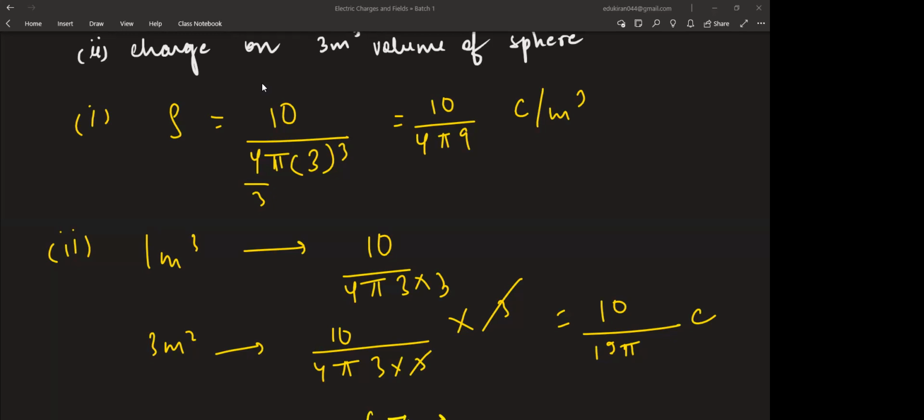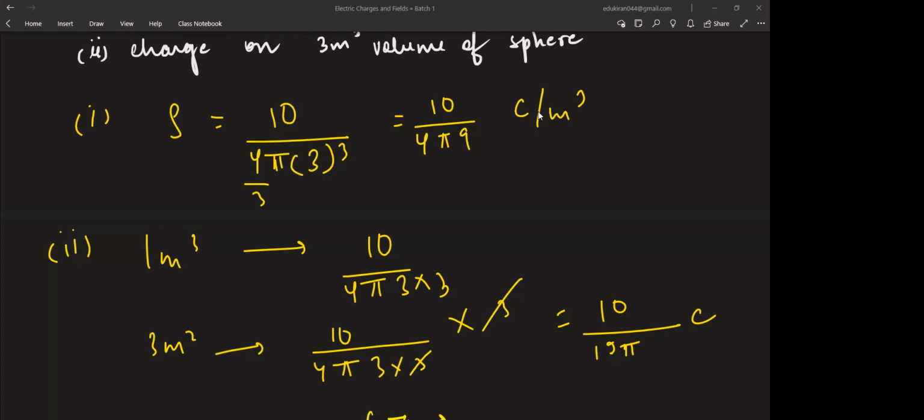Ma'am, can you explain this question once again? Yes. See, Mariam. This is rho. Rho means the charge per unit volume. How do we write the volume of a sphere? 4 by 3 pi r cube. This is the formula. So 4 by 3 pi r cube is the volume. 10 is the charge. So charge per unit volume is this. This is clear?